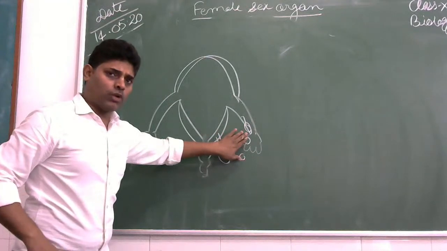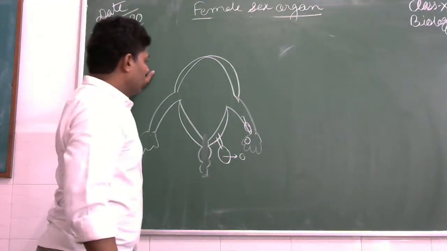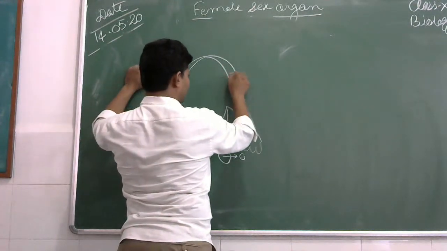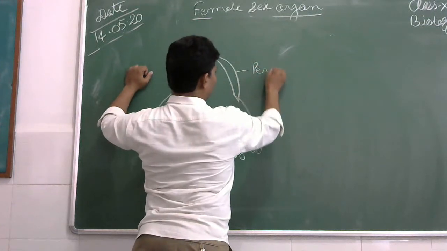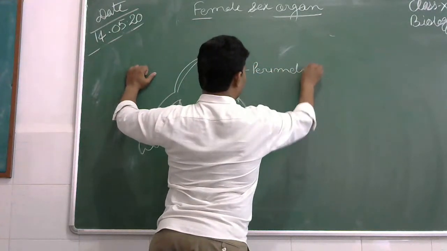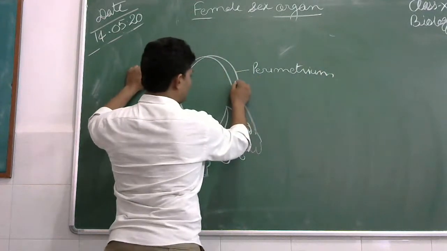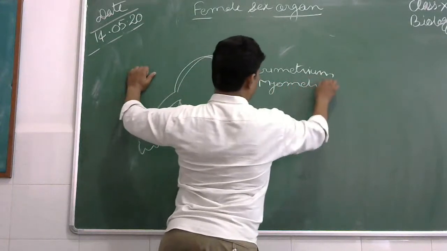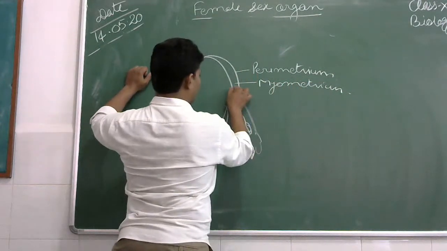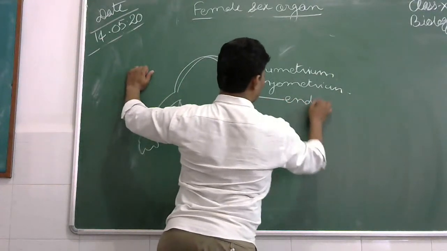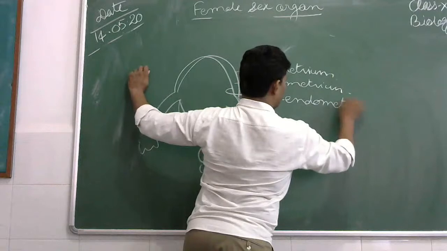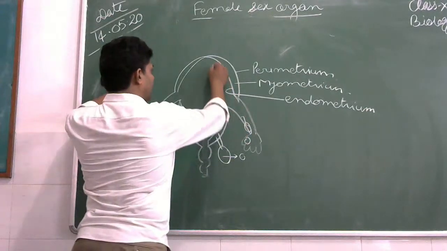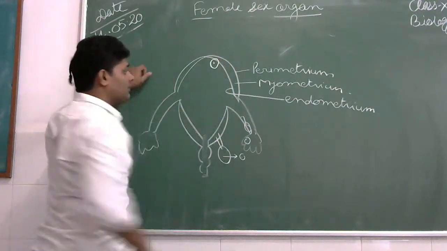We have reached up to that point. Then after, what happens? This uterus has three layers. This is perimetrium, this is myometrium, and this one is endometrium. Okay, implantation occurs at the wall of endometrium.